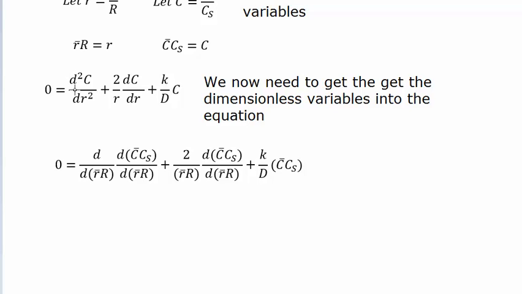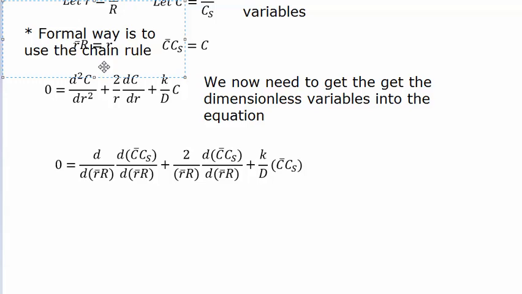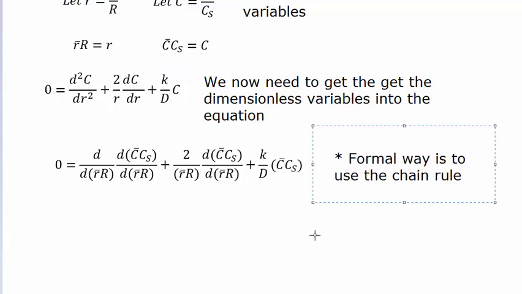You need to make it d dr of dc dr. Hopefully that made sense. But once you've done that, then you could literally substitute in r bar big R and c bar CS wherever you see little r and c. The formal way of showing this is to actually use the chain rule, but that takes like pages of work. So this simplification is fine, it'll suffice for now.